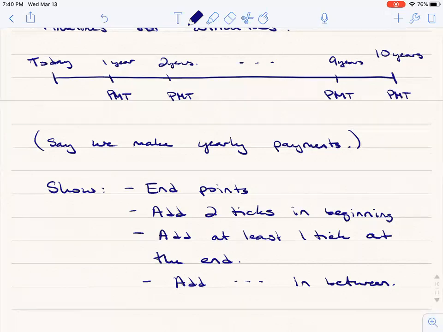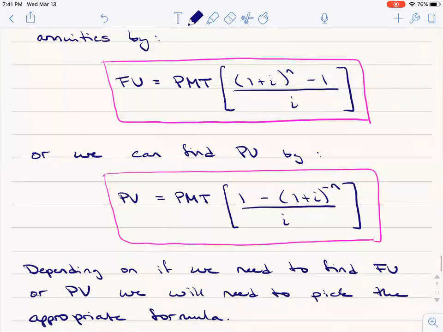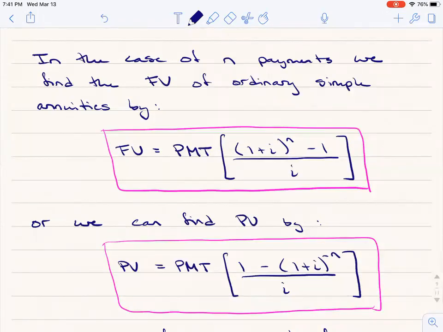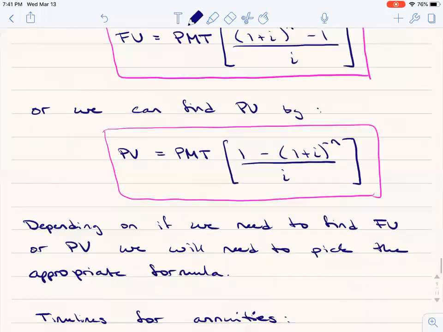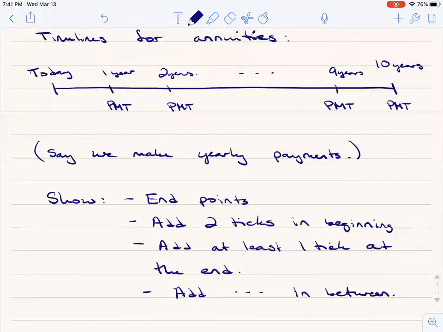If we're finding the future value of all these payments, technically we could calculate each of these future values. We would have 10 future values to add up. Already that's a lot of work, and so that's when we're going to use this future value formula instead. With our payment amount, we have to find I, so it's a little bit bigger, but it saves us a lot of time. Instead of calculating these future values individually, which you totally could do, but why would you want to?